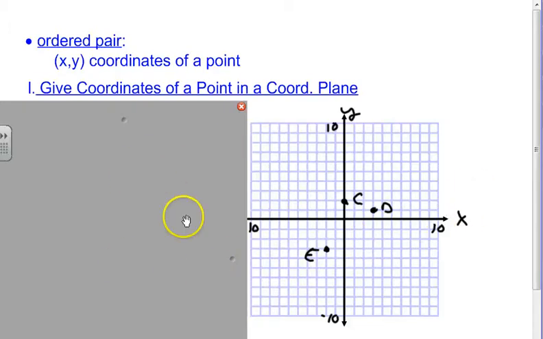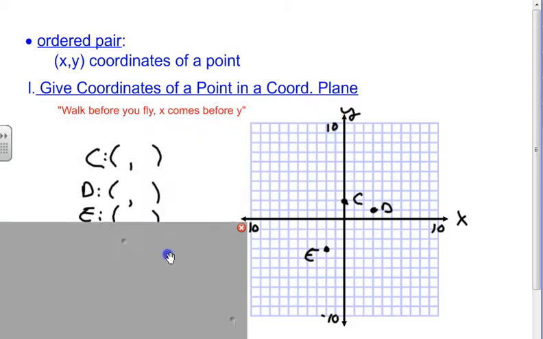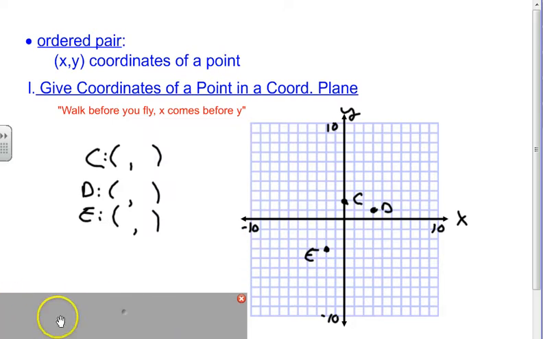Anybody want to give a hint on how to find the coordinates? Remember that little phrase that we sometimes use to remember what comes first? Walk before you fly, X for Y. Good. Walk before you fly, X comes before Y. So right now, you might pause the video, try to complete finding the coordinates for these points. Okay, so Bailey, tell us, where is C?